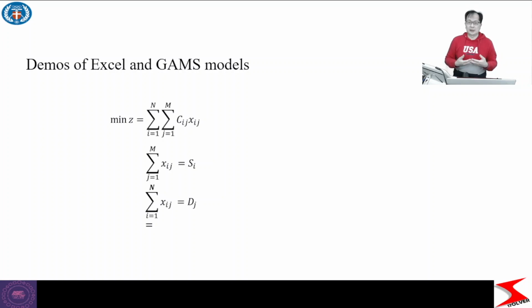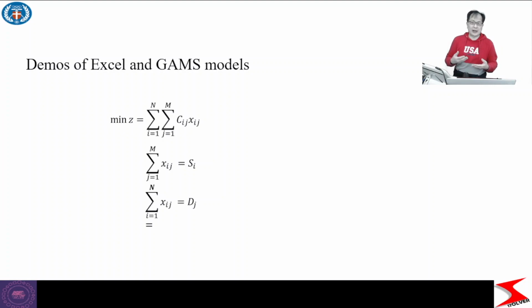And normally, I think supply chain models can always use the network model to solve it. And I started from the transportation problem and taught you how to build a mathematical model in the first case.